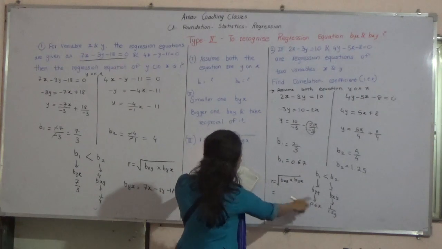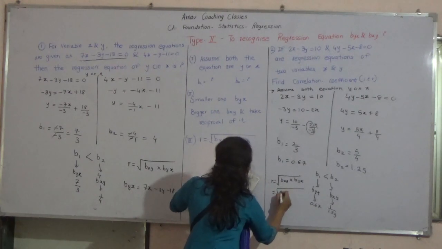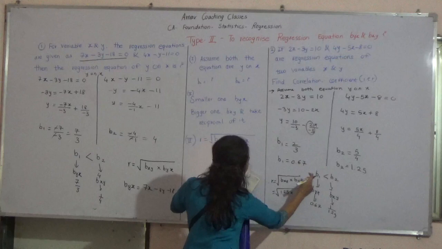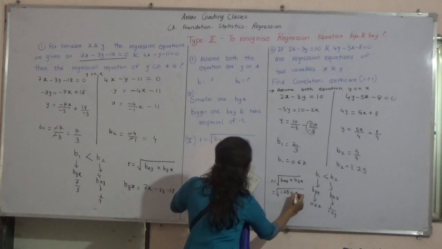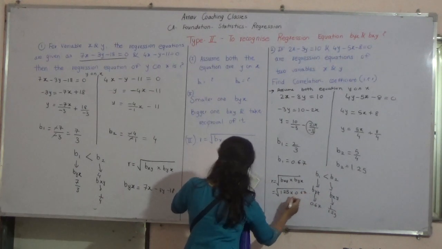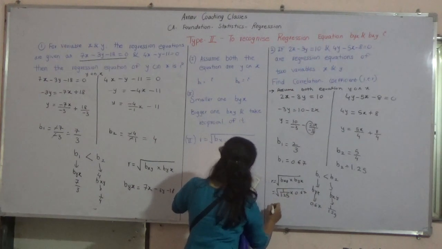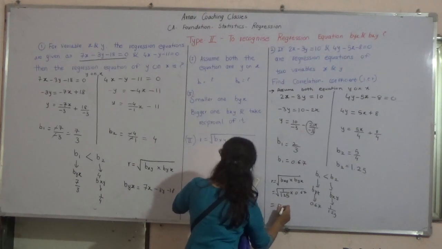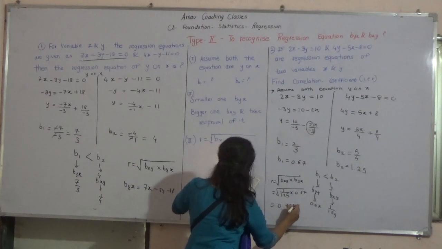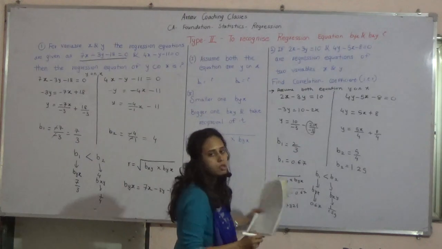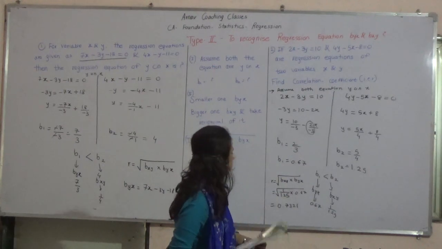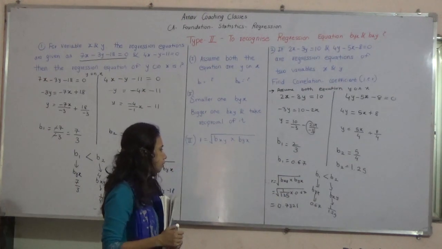So x on y is 1.25, y on x is 0.67. What I told you, we have to take the reciprocal. By solving this you will get the answer 0.7321. Understood?